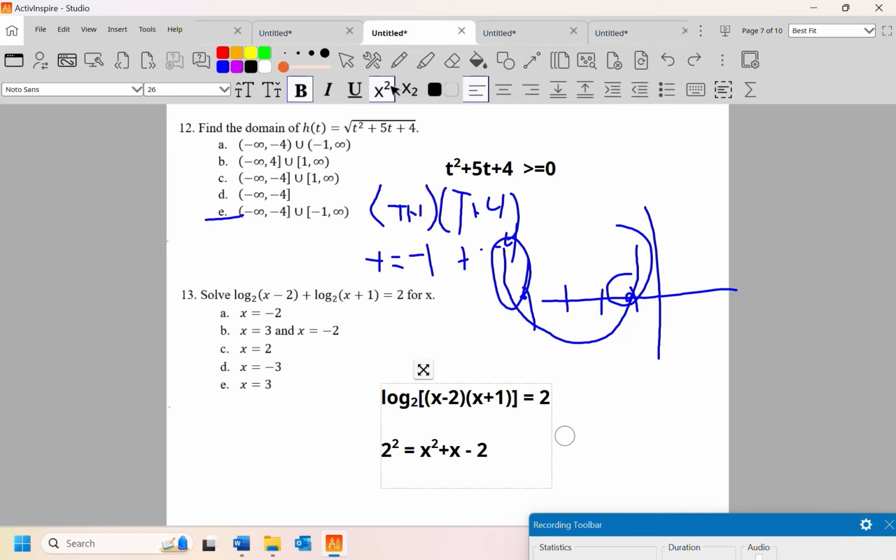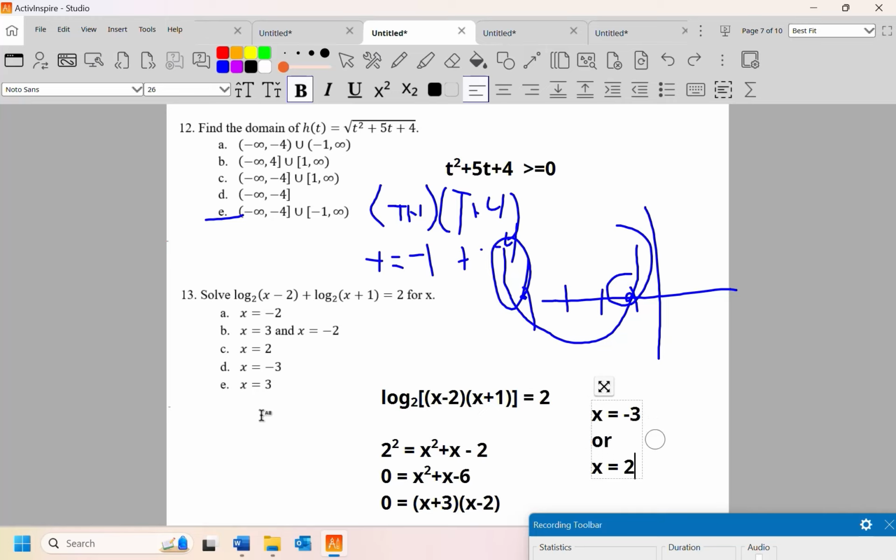If I take away 4 from both sides, I have minus 6. And this guy factors, that's going to be a plus 3 and a minus 2, because -2 plus 3 is the one in the middle. So my solutions here would be that x is -3 or x is 2.